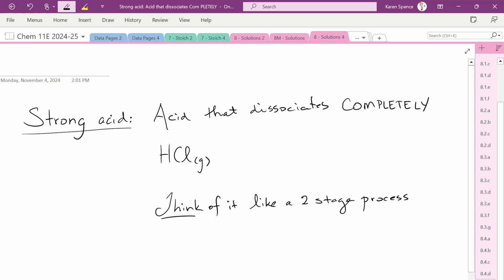So we have HCl gas, and we dissolve it in water, and we get HCl aqueous. And that would be step 1.